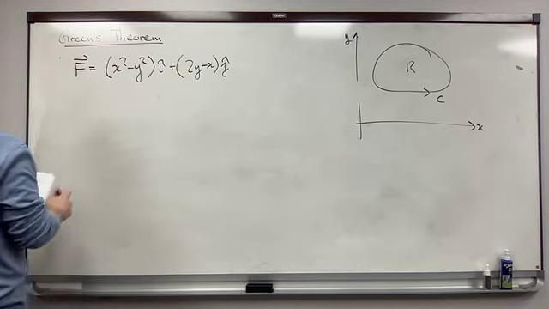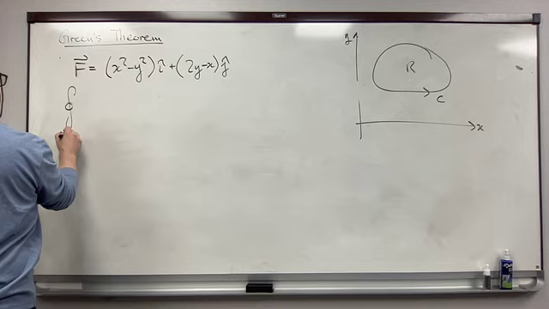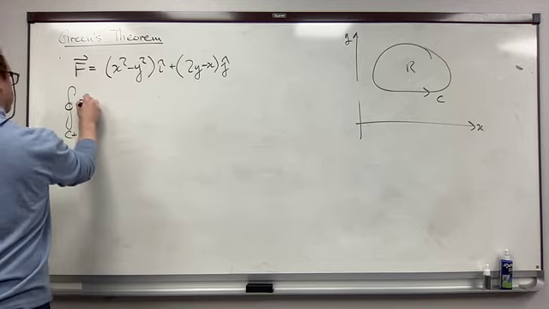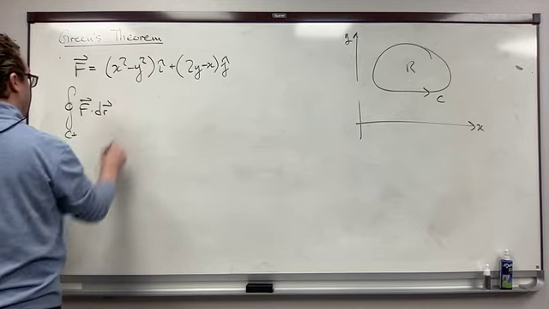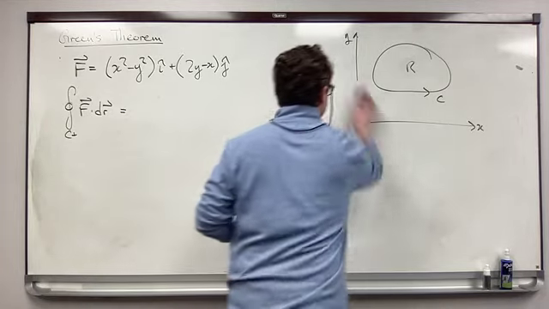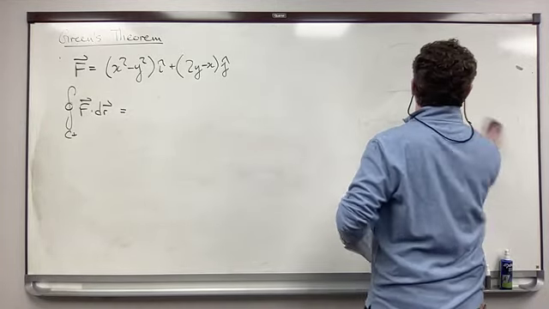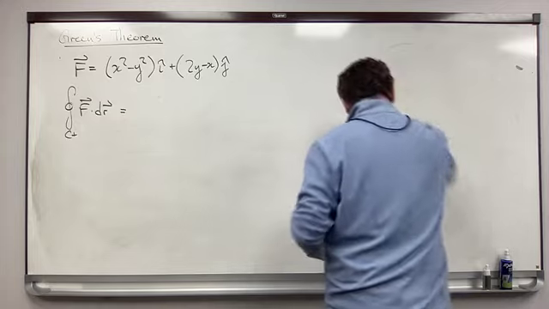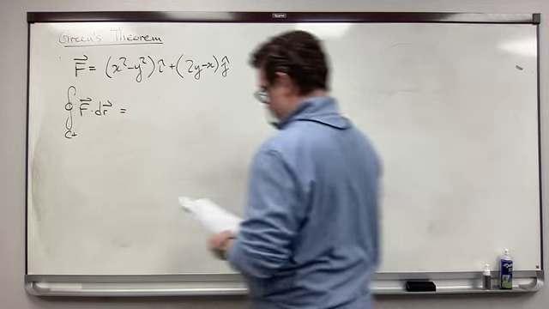That's my two-dimensional vector field. I want this for C bounded by these two curves.